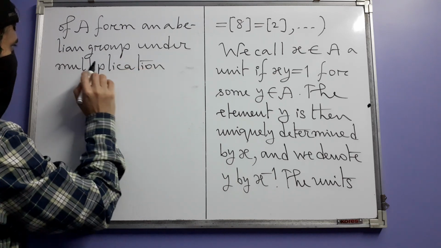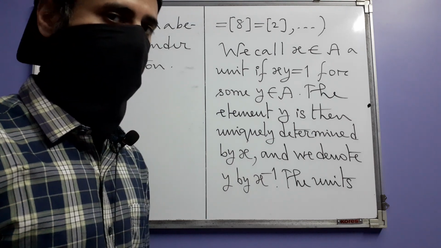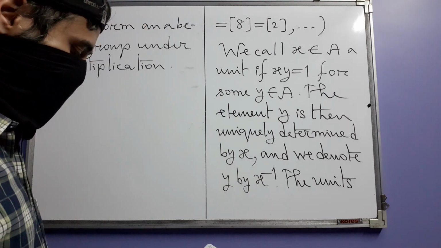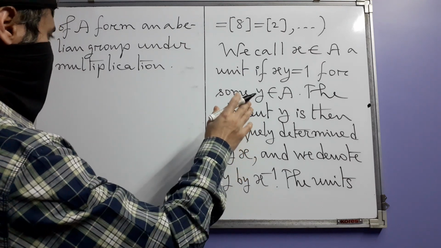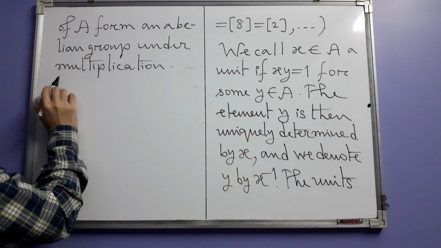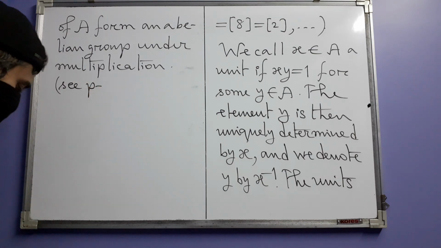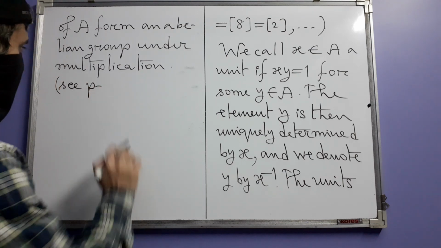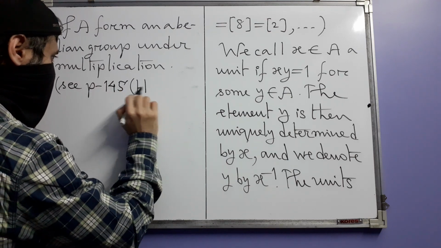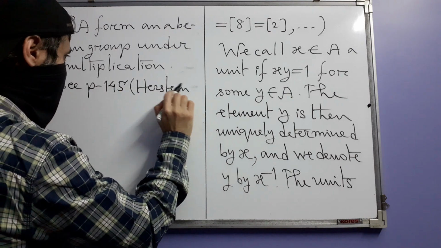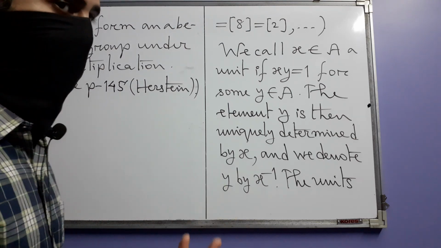This is also a fact we already know from our study of ring theory in Herstein. And in fact, if you want to be sure that this is precisely the definition of units we have in Herstein, see page 145 in Herstein's book. Herstein's book means the second edition, okay.